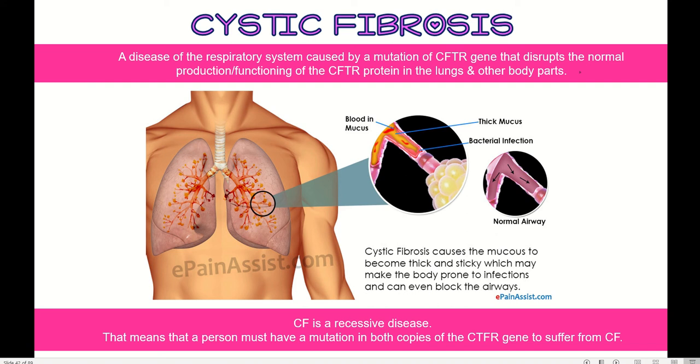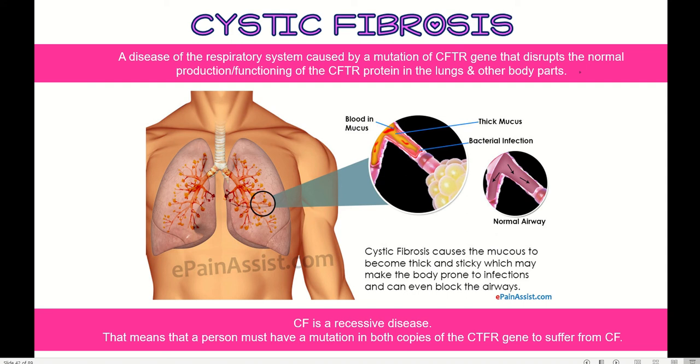However, if that person receives only one mutated allele, let's say from the father, and one unmutated allele from the mother, remember in the law of dominance that the dominant covers the recessive.